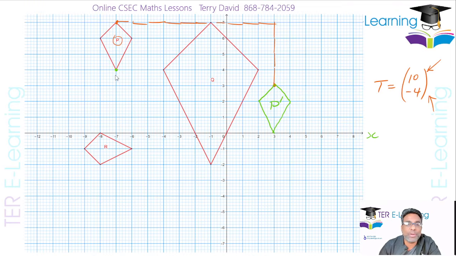So that means that when I fold, if I were to fold this graph paper along the x-axis, P and the image should line up exactly. All you guys need to do is to look and see how many units this point is in front of the mirror line, which is 4 units. So therefore the image is going to be 4 units behind the mirror line. 1, 2, 3, 4. So this here is going to be the bottom of my image, right?